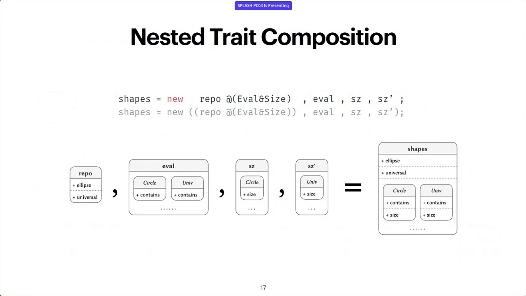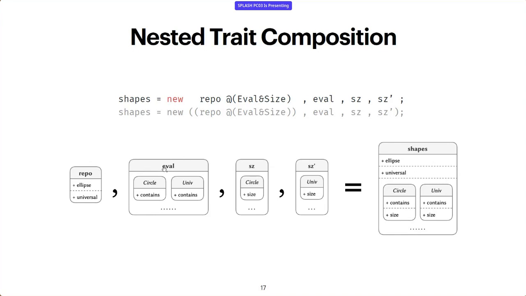We visualize the composition in the figure below, and you can see that the trait composition is called nested because not only the constructors are merged, but also the semantics inside the same constructor are merged.